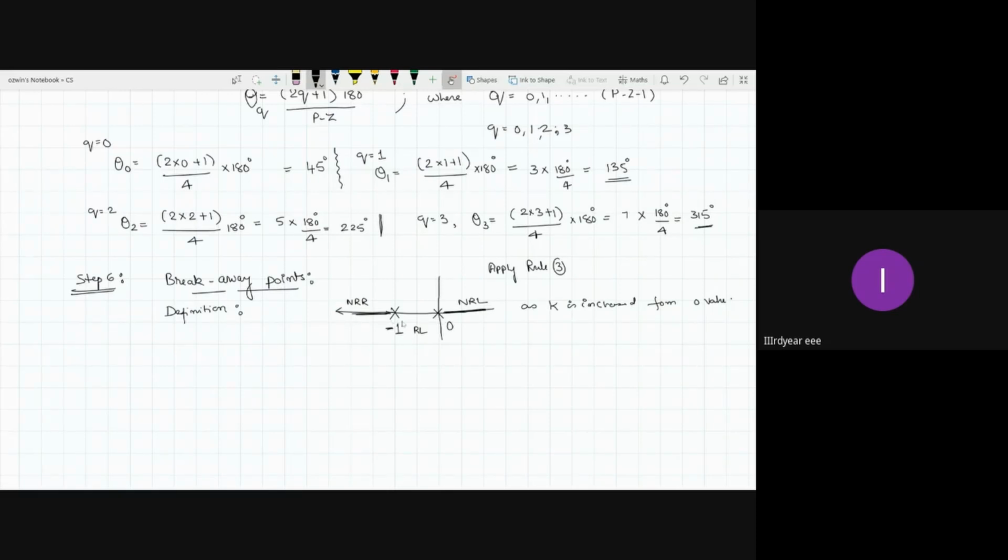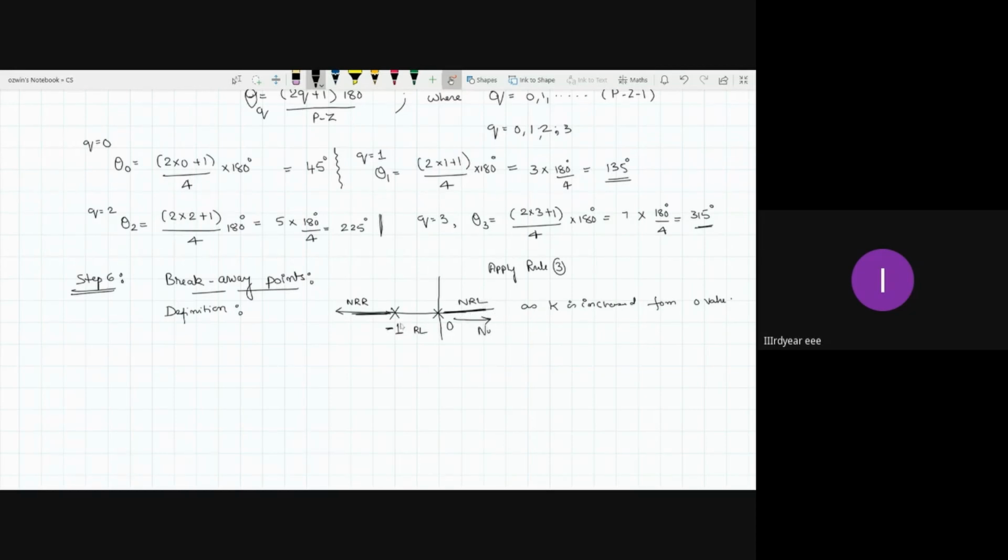Similarly, the root at -1 also gets displaced. Now, can this root move in the right-hand side direction? No, because in rule 3 we found that the right-hand side region is NRL.